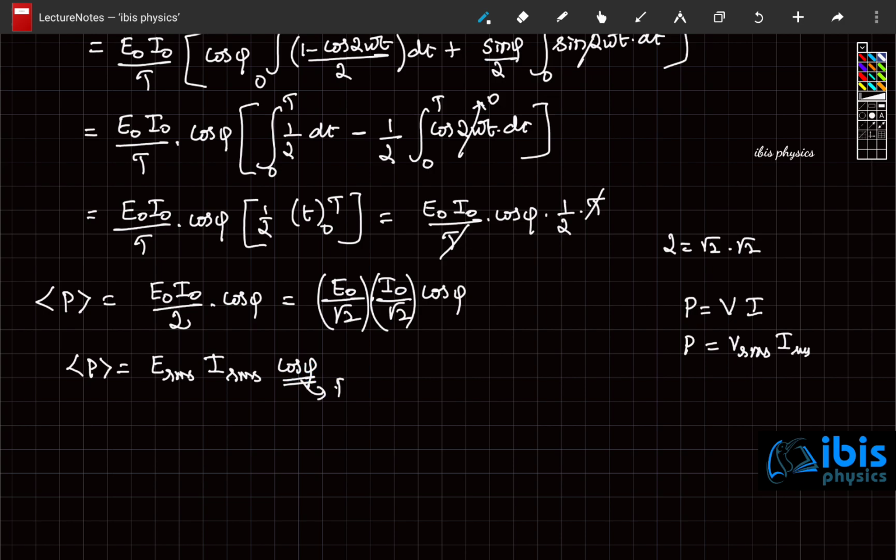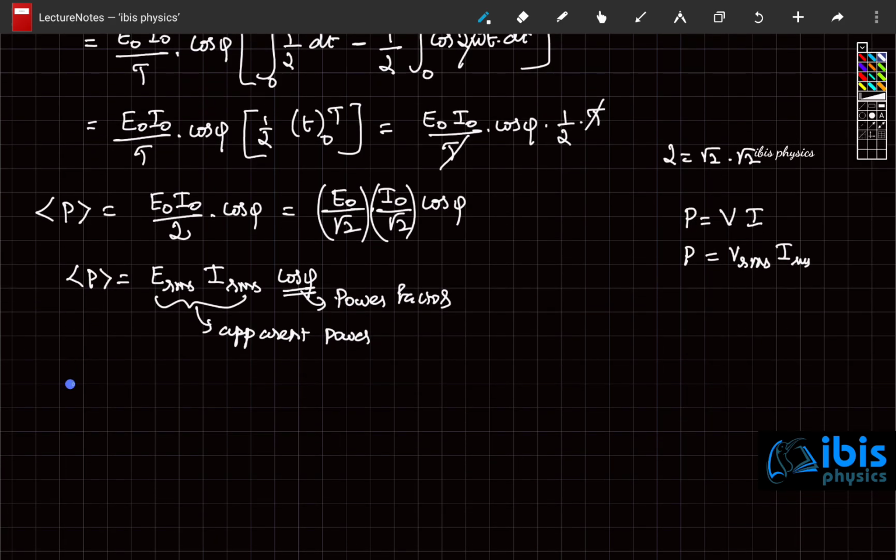So this thing is termed the power factor, and ERMS IRMS seems to be the apparent power. It seems to be the power but it is not, that is why it is called apparent power. And this is the average power dissipated in an AC circuit. So average power dissipated is equal to apparent power into power factor.